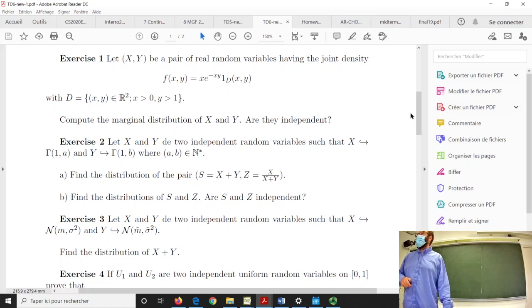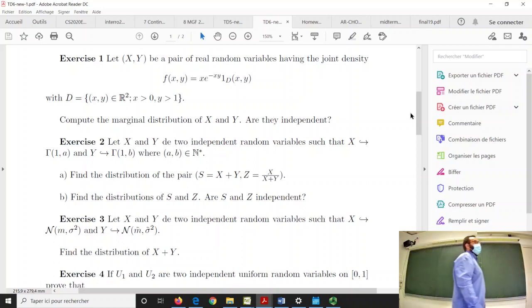It's not necessary to do the job, because I tell you that you have a joint density function. And what I want you to do is just compute from the joint density the density function of X. So it's what I call the marginal distribution here. It's the density function of X, the density function of Y, and tell me if they are independent. In fact, it's just an exercise in computing two integrals.